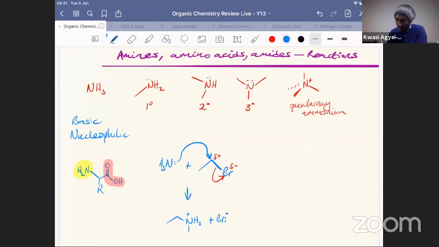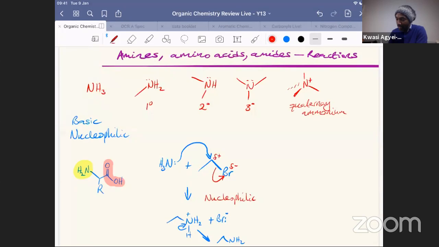So if we have that hydrogen here, that hydrogen will be lost, and again, ammonia being present will act as the base here, but we don't need to show that. So that bond is broken, and that leads to the formation of that amine, so ethylamine is formed.